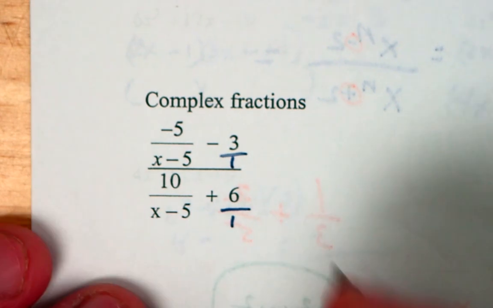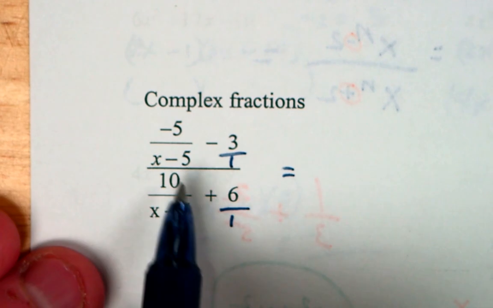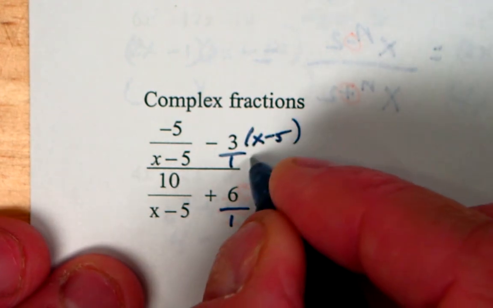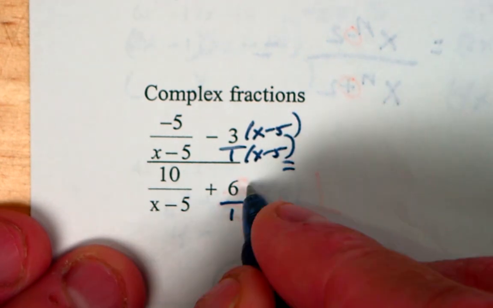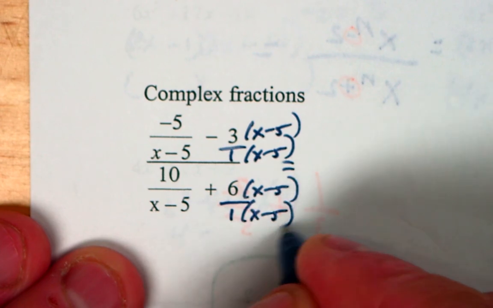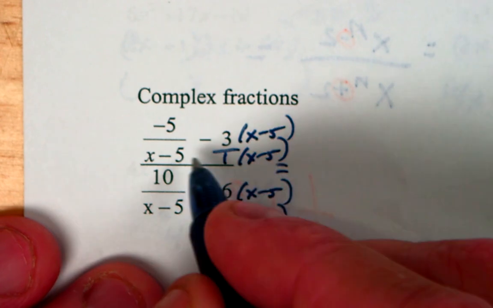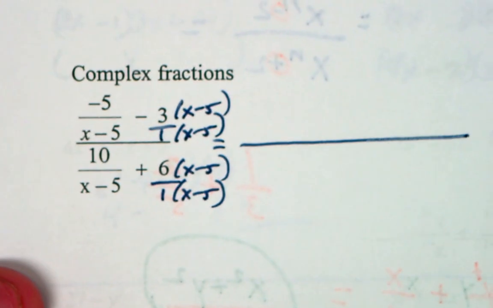What's going to be my common denominator on top? Yeah, x minus 5 with 1. So just multiply this, x minus 5, x minus 5. Same thing on the bottom. And so now I'm just going to carefully see if I can do this without screwing up.